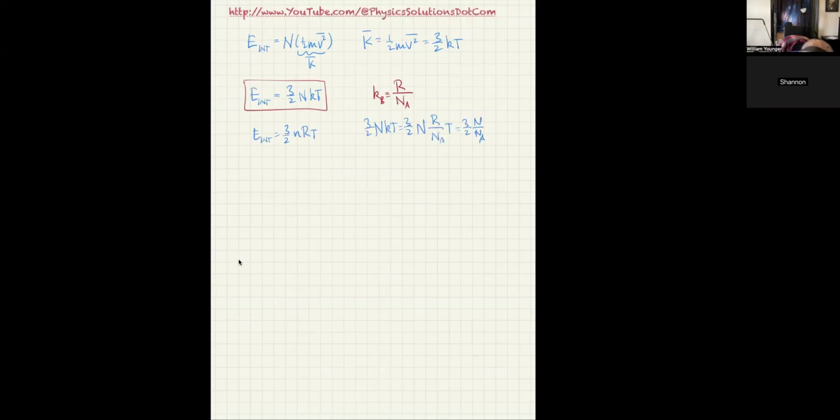Now you can see that N divided by N_A is just our lowercase n, and we have RT. So that's why it's also equal to 3 lowercase n RT over 2. Okay. Again, both of these are for an ideal monatomic gas.